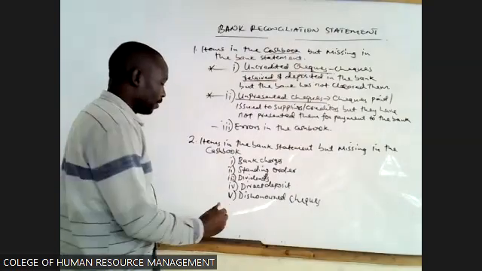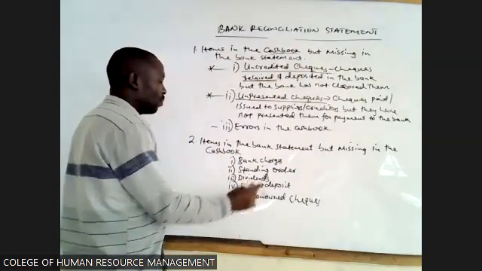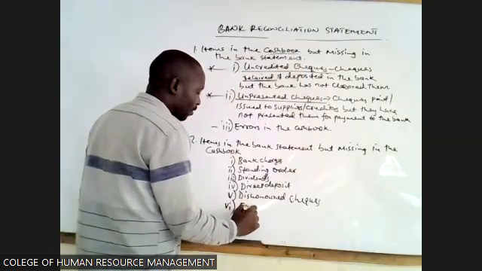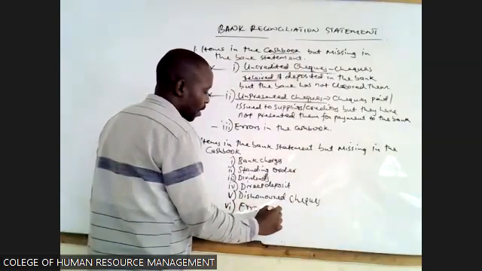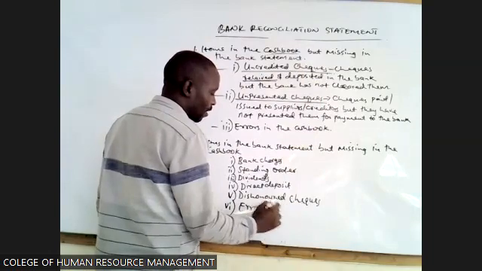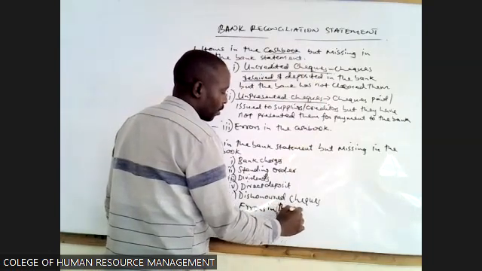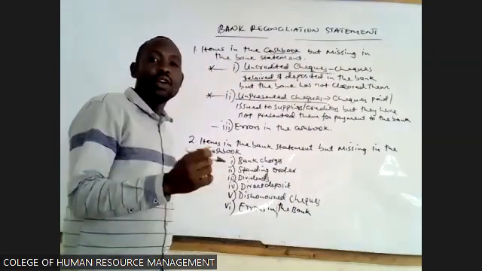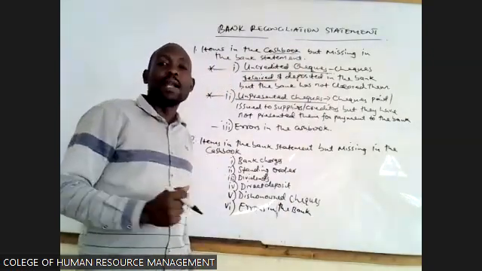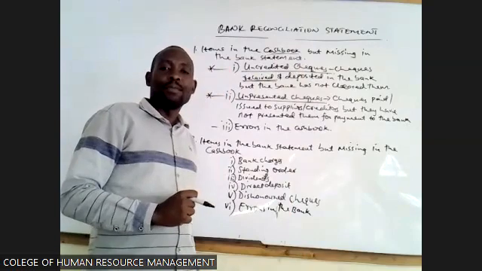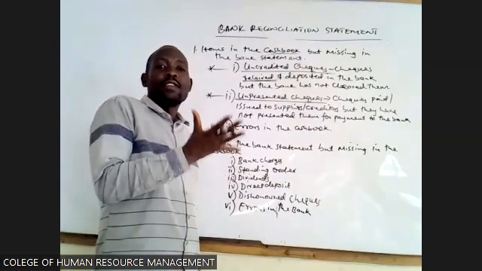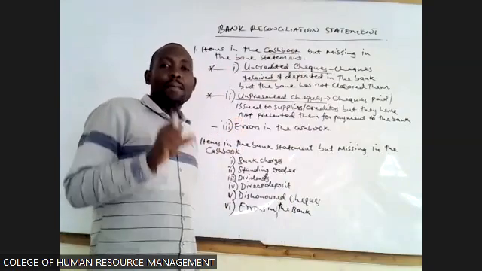And lastly, number 6, items that are going to be in the bank statement but missing in the cash book are the errors in the bank. Errors. You know, even those who are doing these transactions in the bank are human beings. They can do some errors. They can either increase our bank balance or reduce our bank balance.